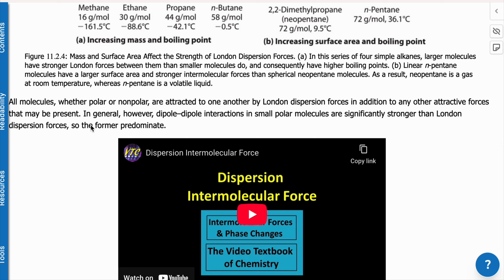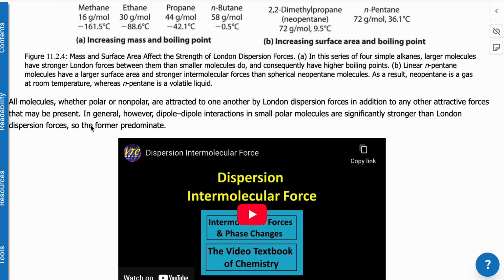Hydrogen bonding. Molecules with hydrogen atoms bonded to electronegative atoms such as oxygen, nitrogen, and fluorine tend to exhibit unusually strong intermolecular interactions. These result in much higher boiling points than are observed for substances in which London dispersion forces dominate.